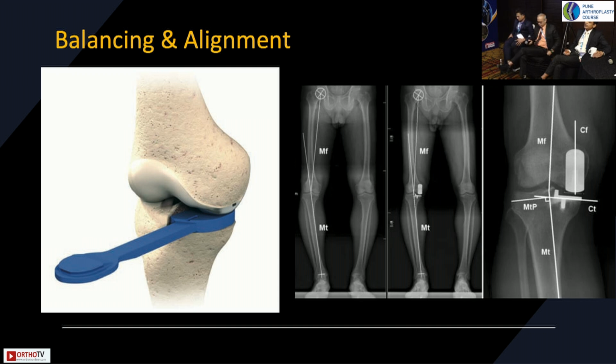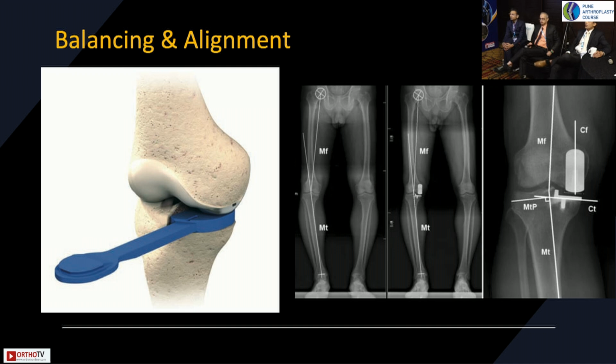Actually speaking, if you are going to replace what you have removed, you should not correct anything. You have to leave it how it was. Correct. Because you are just removing the damaged bone and putting in an insert, you get rid of the pain but not the alignment. That should be the concept. But as he said, maybe 1 or 2 degrees of correction invariably will happen.